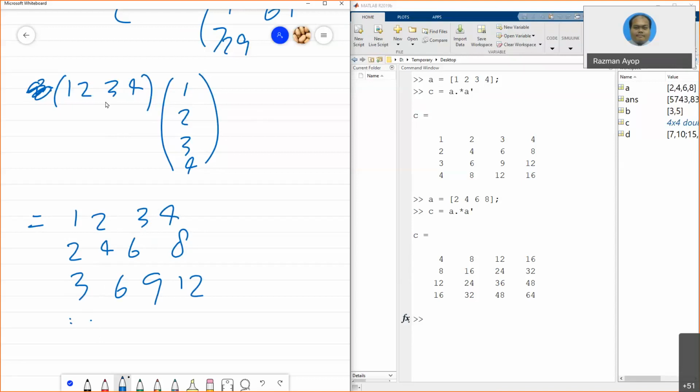Okay, for this case, basically this one is just 1 multiplied by 1, 1 multiplied by 2. I think the easiest way to show this is this.